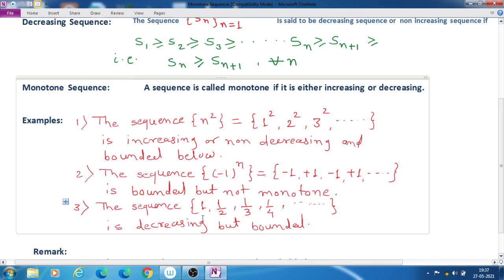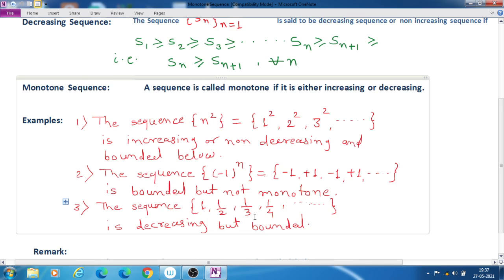The sequence 1, 1 upon 2, 1 upon 3, 1 upon 4, in general the nth term of this sequence is 1 upon n. Now the terms of this sequence go on decreasing. Therefore this is a decreasing sequence or non-increasing sequence. But this is also a bounded sequence because the first term is the greatest term. It is the upper bound of this sequence, that is 1.